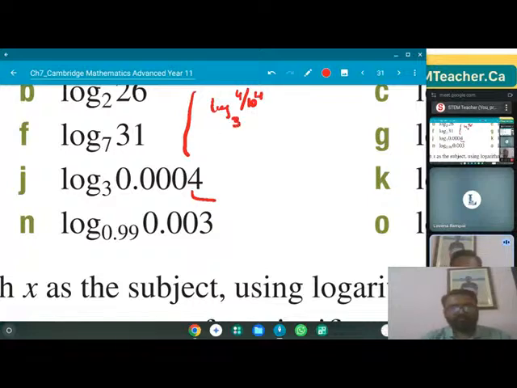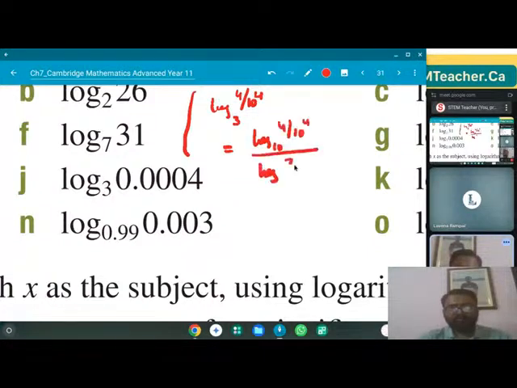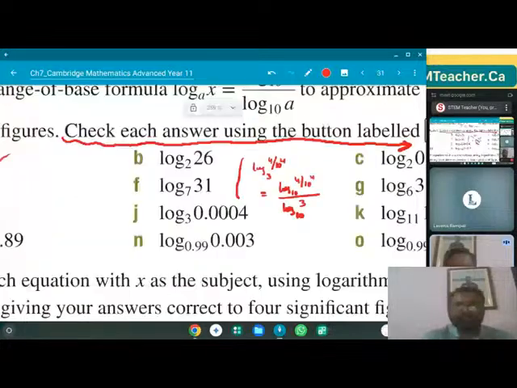It is log 4 base 3 minus 4 log 10 base 3. Base 3 is not available on the calculator, so that's why you should not use this formula. So we have to use log 4 by 10 power 4. I think it's the only way to evaluate, nothing to verify.